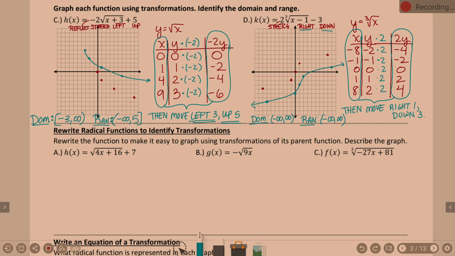As we look at them right now, the transformations, how far we're moving left or right, up or down, the stretches, those type of things aren't as obvious as they could be. Okay? So what I want you to do is look for things that we can rewrite here. So A, what do you notice under that radical?